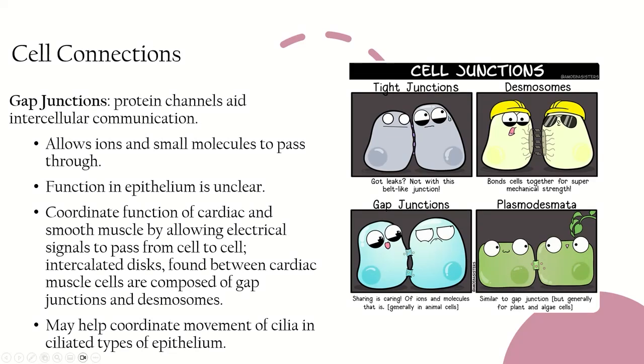Here's a funny cartoon kind of highlighting the different types, and maybe that helps. Just so you're aware, plasmodesmata is not in animal tissue, right? That's only in plants, okay? So that is not an answer on an exam or quiz or homework. That is a cell junction, but that is not in animals, so do not select that, okay?